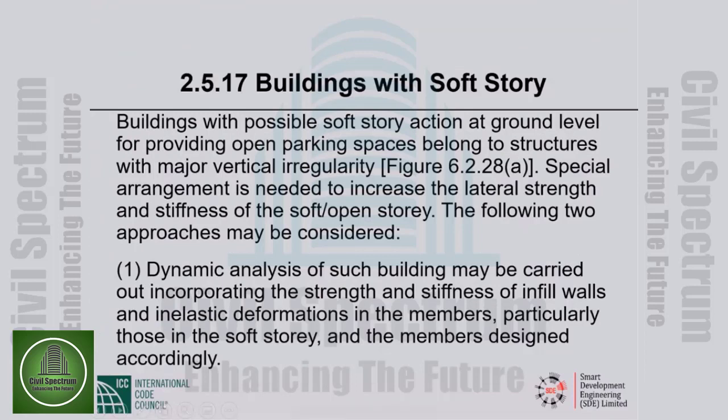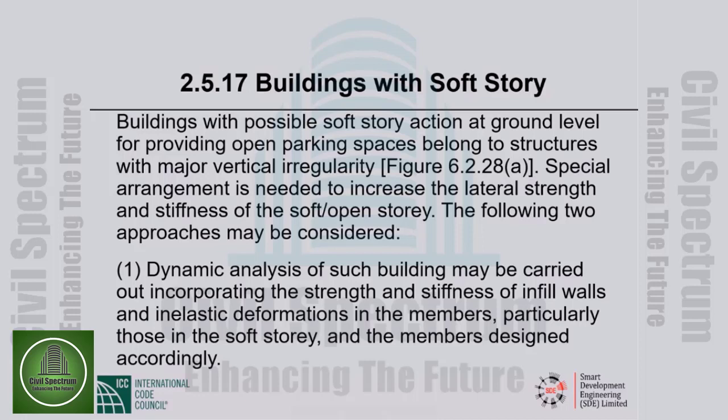Well, let me read the first part. Buildings with possible story drift action at ground level for providing open parking spaces belong to structures with major vertical irregularity. Special arrangement is needed to increase the lateral strength and stiffness of the soft or open story. The following two approaches may be considered.